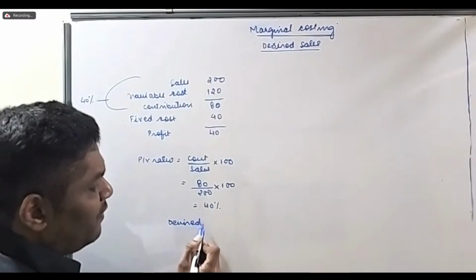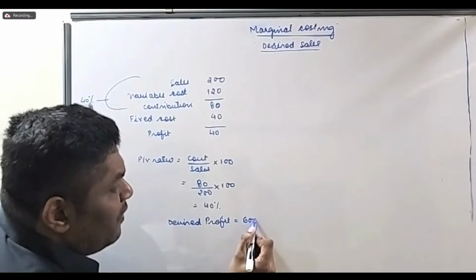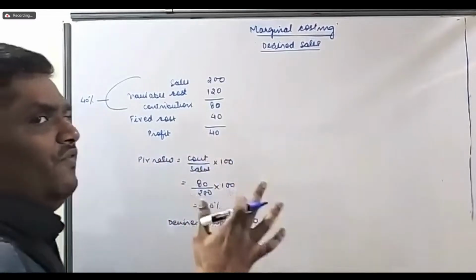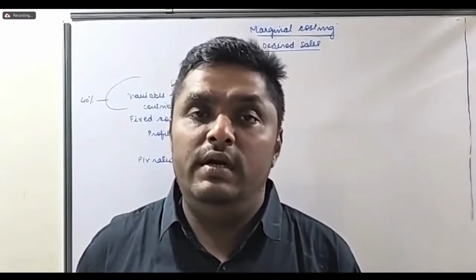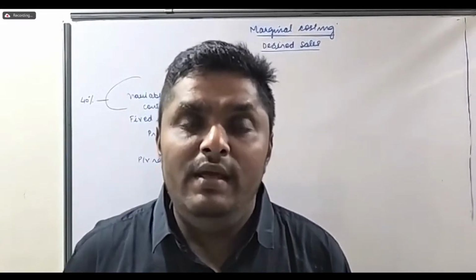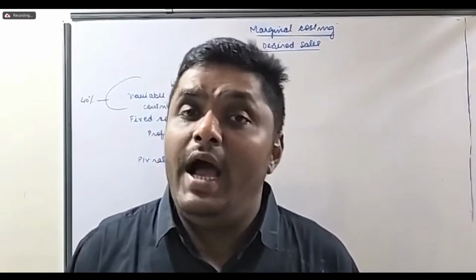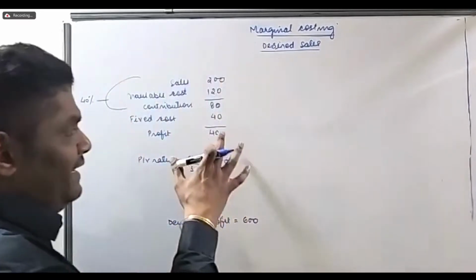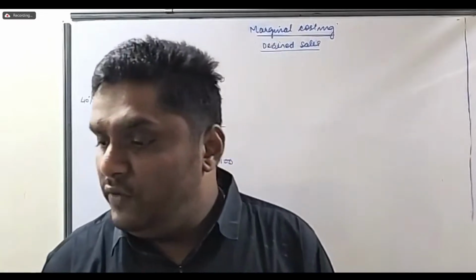I have a desire to earn a profit of 600 instead of 40. Can you guys tell me, again, don't apply the formulas, logically how much sales is required so that instead of 40, we earn an overall profit of 600? Waiting for your answers, guys.